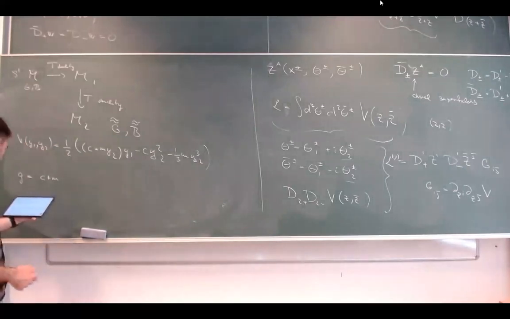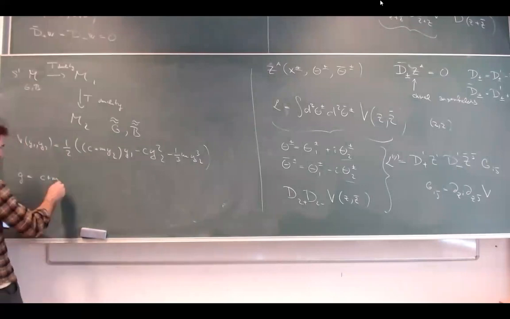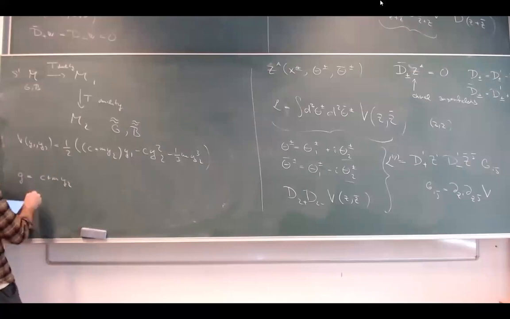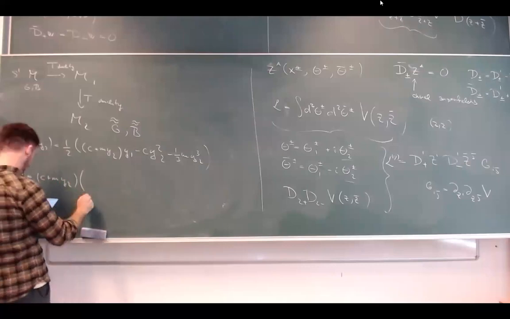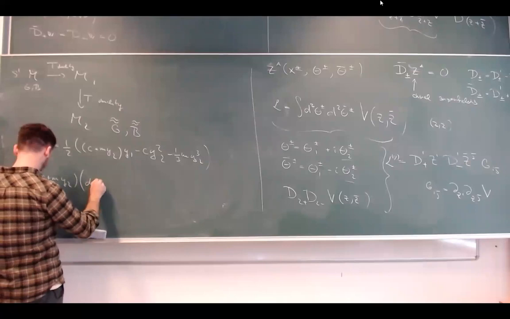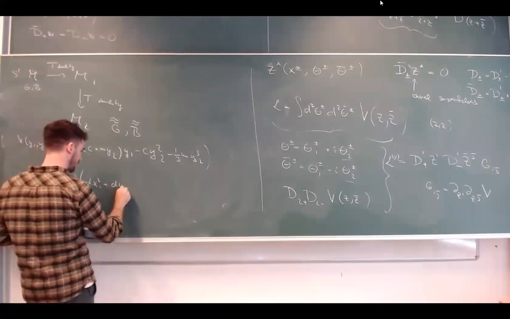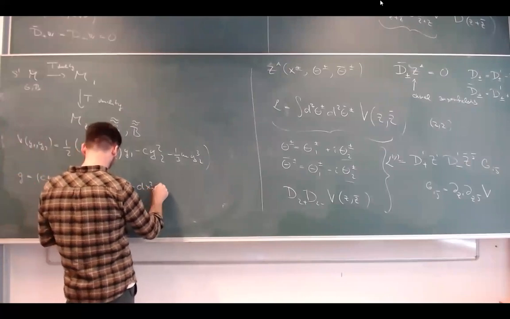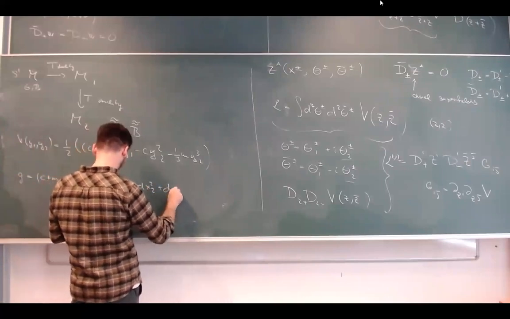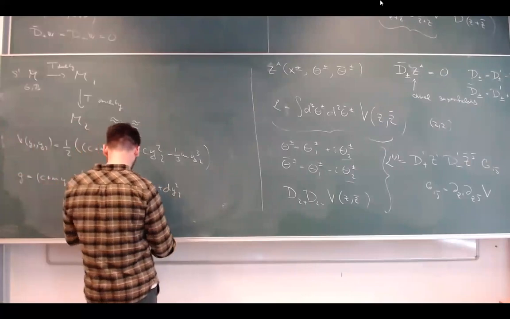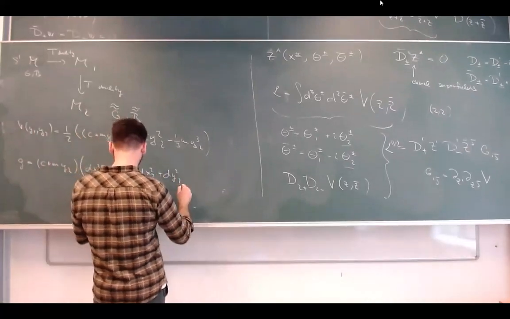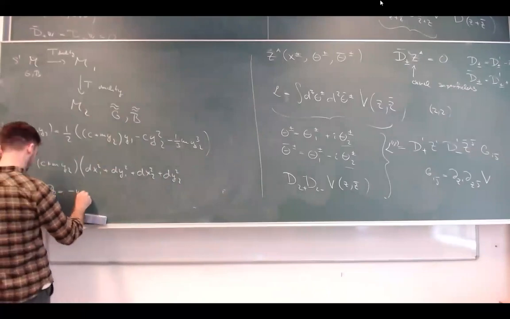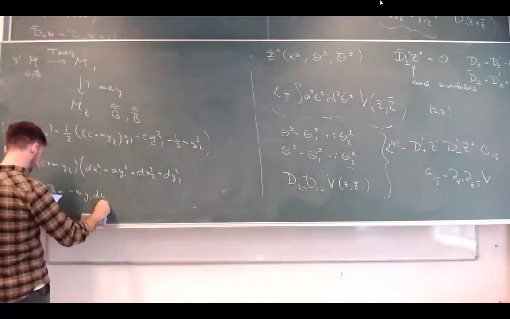Right. So this then yields the following metric and B field. So now we get the B field.